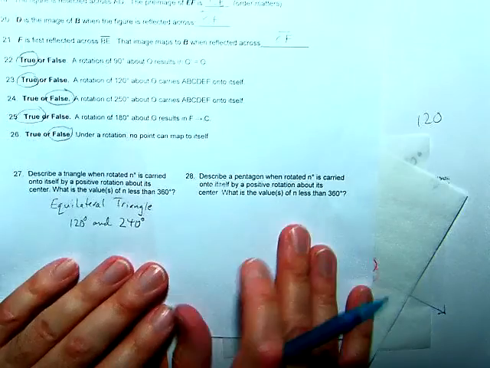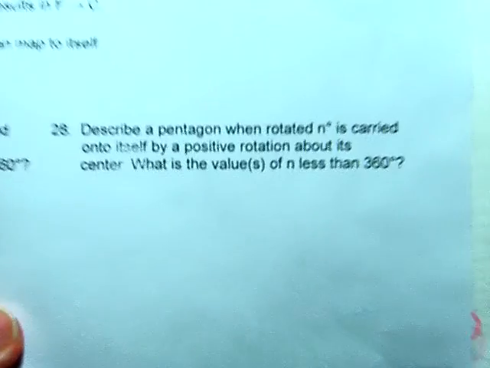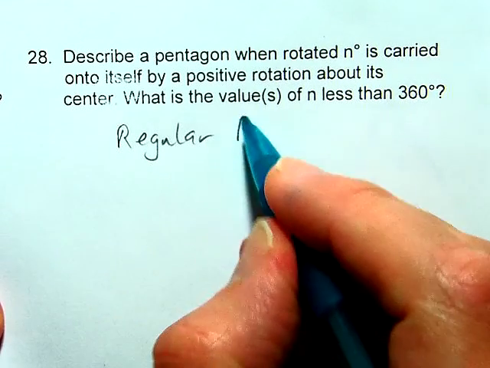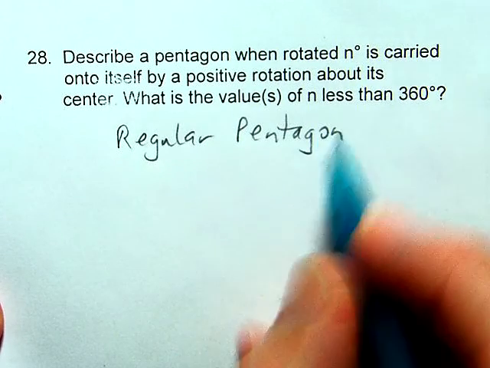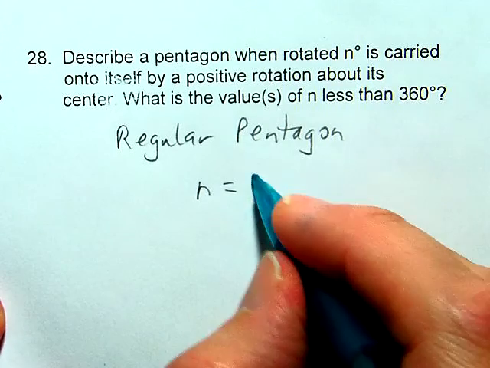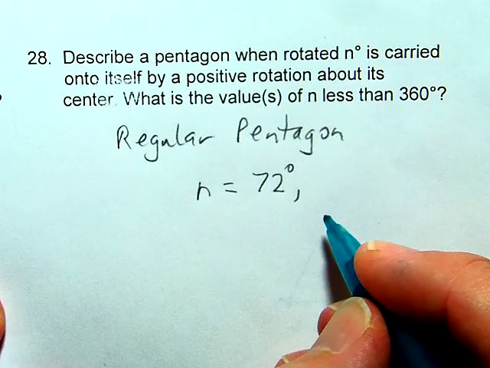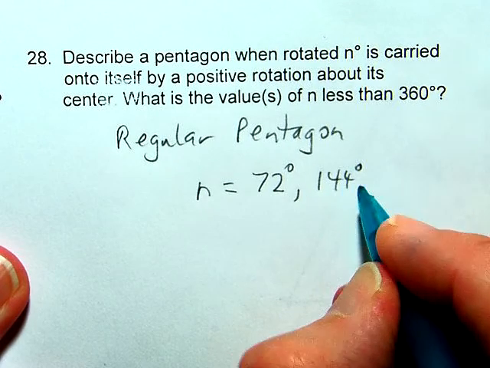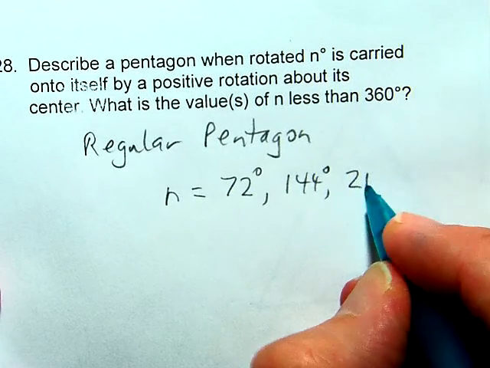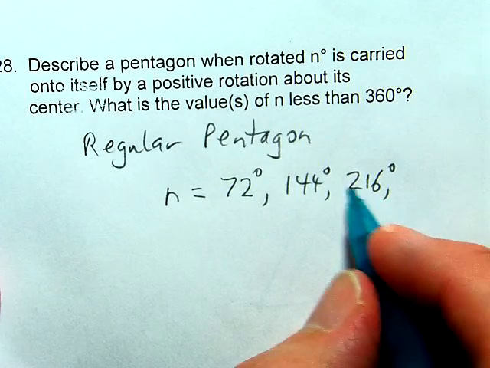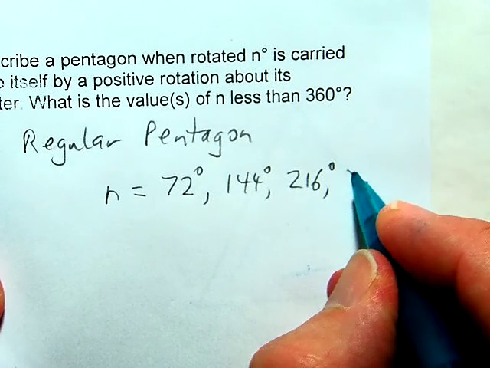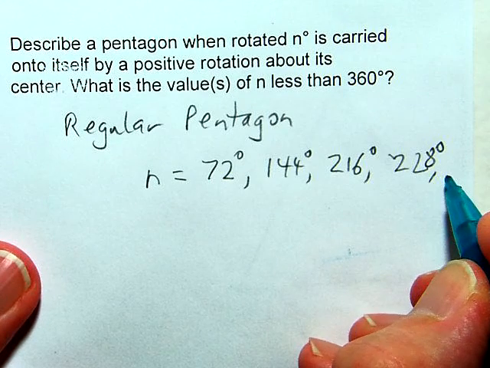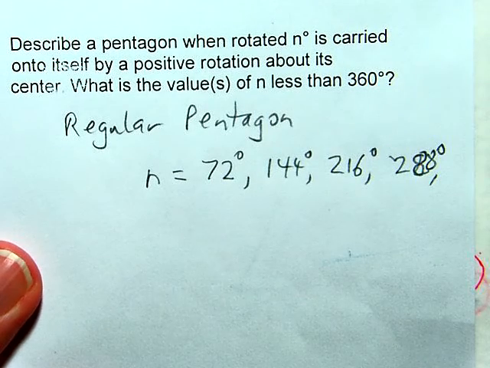So our answer here is that we have to have a regular pentagon, and n could equal 72 degrees, or it could also equal 2 times 72, which is 144, or 3 times 72, which is 216, or 4 times 72, which is 288, and that's about it.